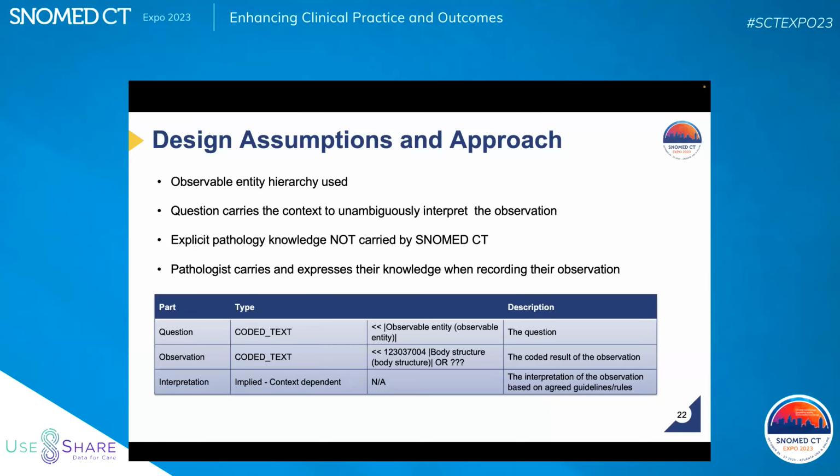Because a pathologist has knowledge that they're expressing. So, a brief example. Mucinous tumors happen throughout our body. That's one type of tumor. However, what makes a tumor mucinous in the breast versus the colon is a cut point in the amount of mucin present in the tumor.